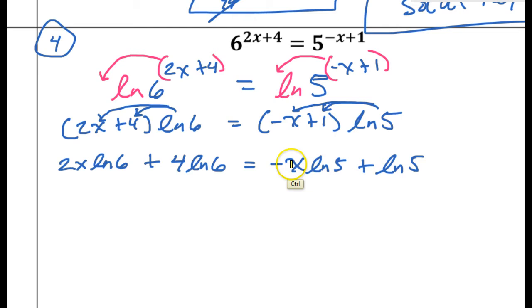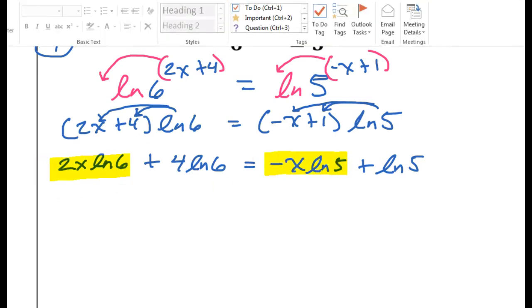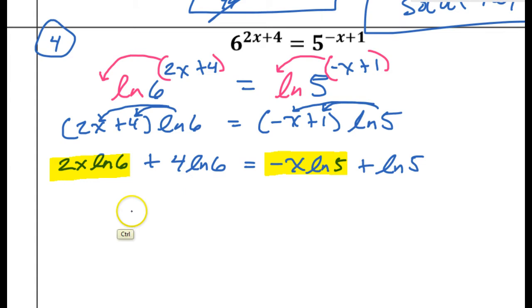All right, so what I need is for both of the x terms to be together on one side of the equation. So I'm going to keep the 2x natural log 6, but I'm going to add x natural log 5 to both sides.